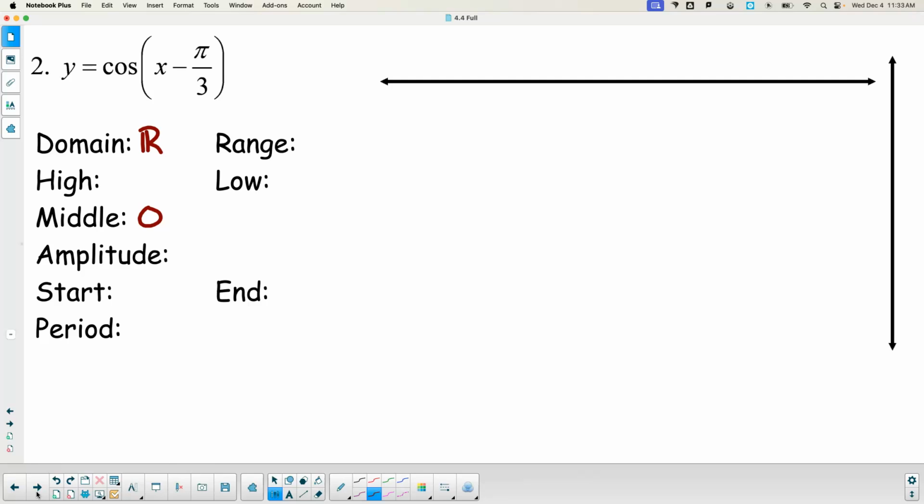After tomorrow, the domain is the only one that you're always going to know is all real numbers. Since there's nothing around the cosine, don't we know the amplitude is only 1? Yep. But that can change based off of the problem. These right now won't change. So amplitude is 1, which means that we go up 1, we go down 1, range -1 to +1.